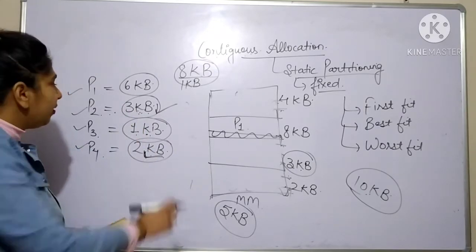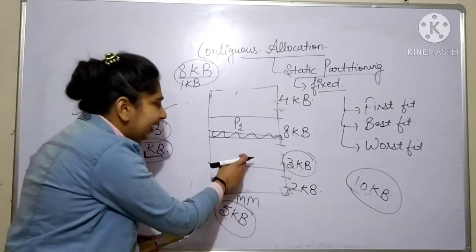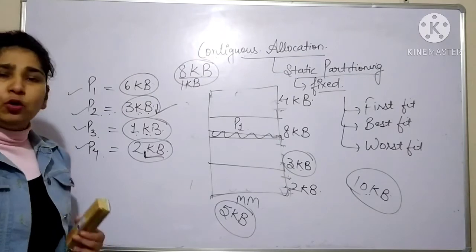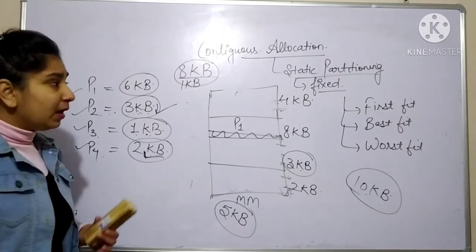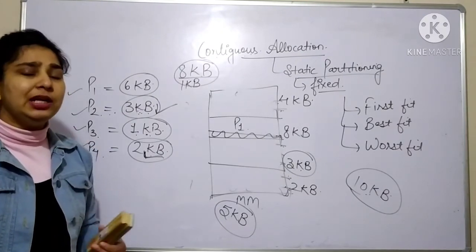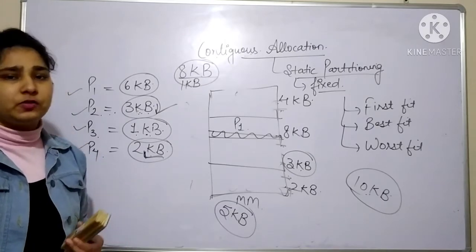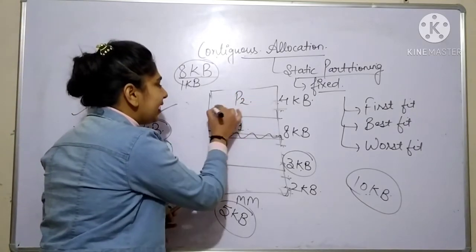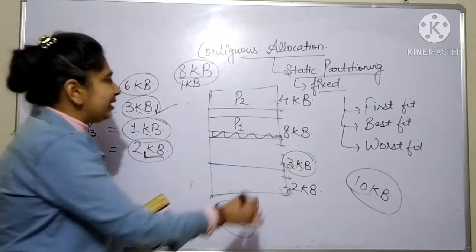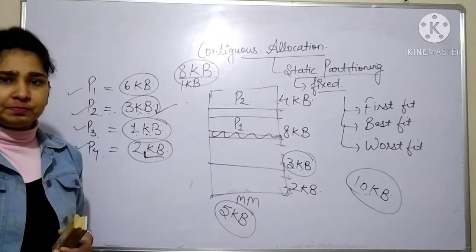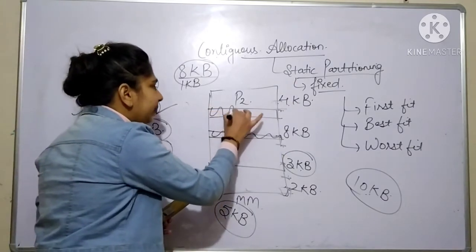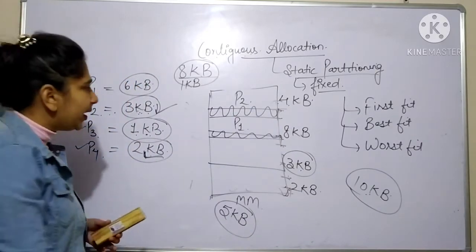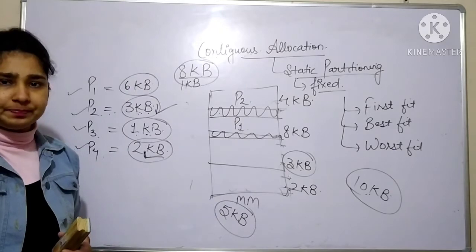If I store my 3 kb process in this partition, then there is no problem. No space is going to be wasted. But in worst fit, I intentionally want my space to be wasted. So what am I going to do? I am going to save my process P2 in this 4 kb partition. My 1 kb of space is going to be wasted.